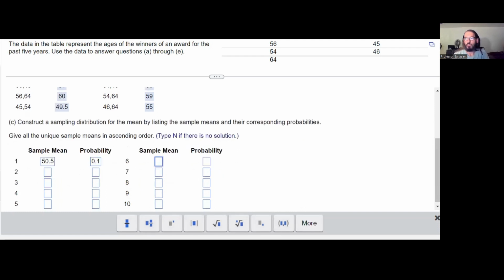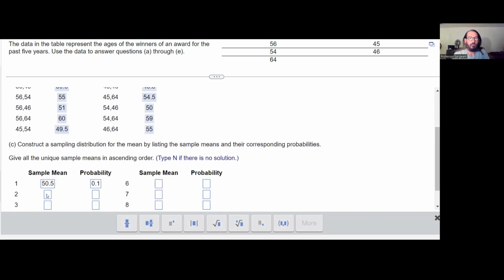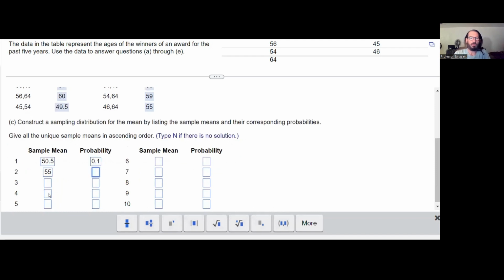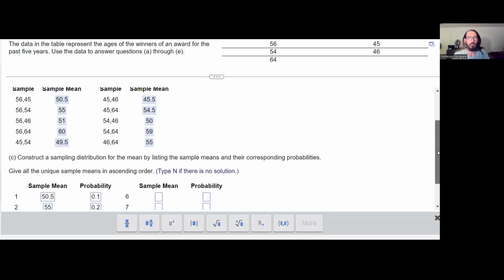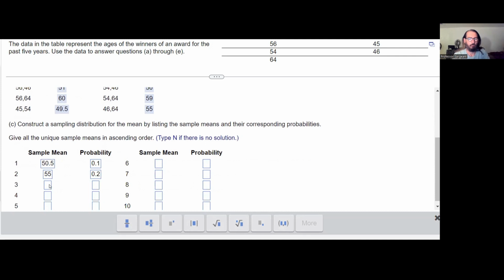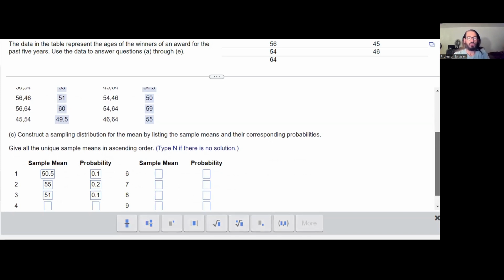Then we had the 55. That was showing up twice. 51 only showed up once. 60 only showed up once.